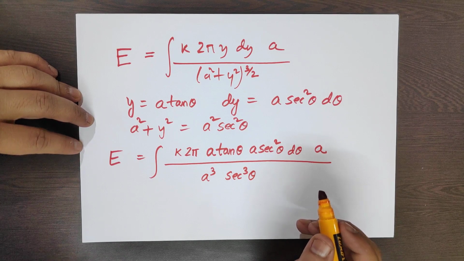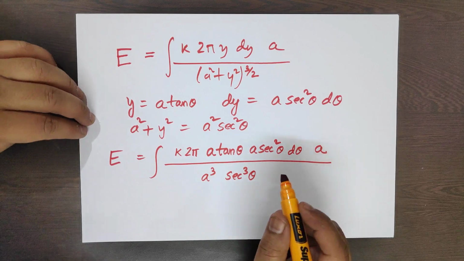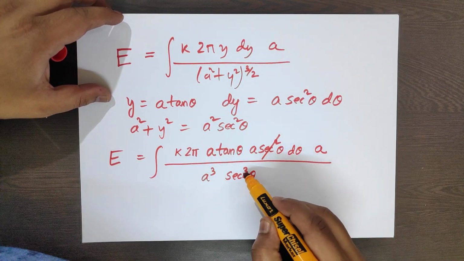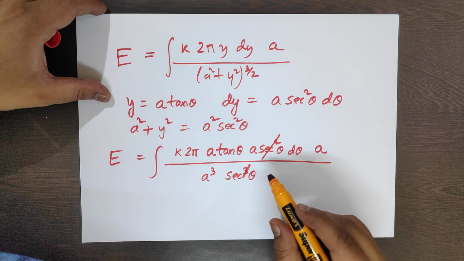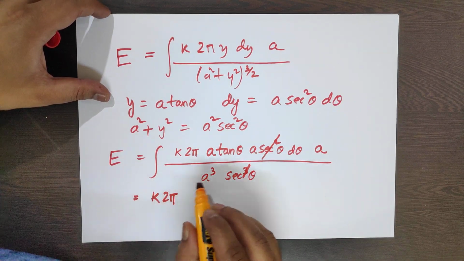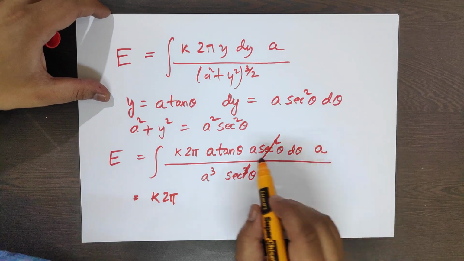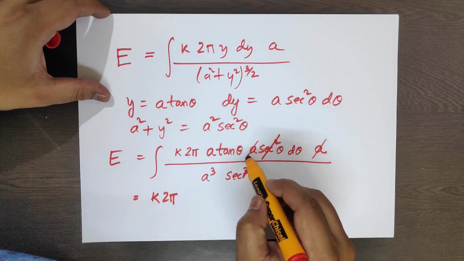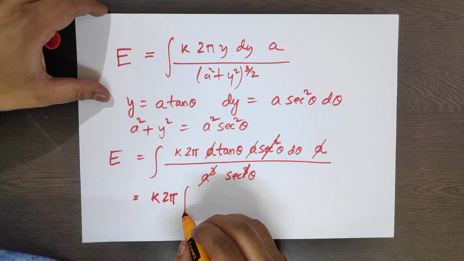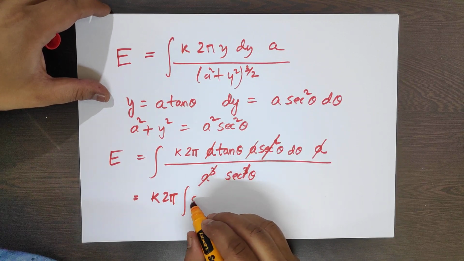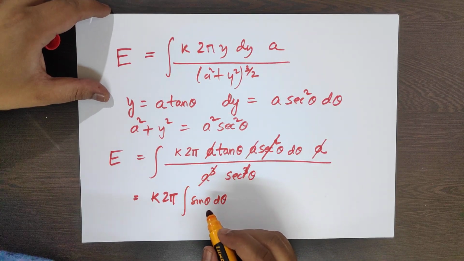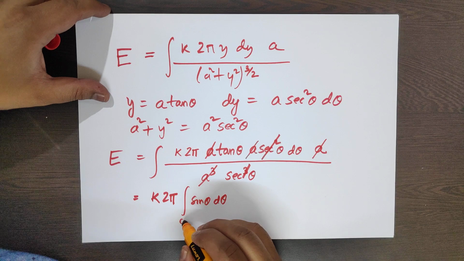Now the sec square theta cancels, so tan theta stays, 2 pi goes outside, a and a cube also cancel. So the integration of tan theta into cos theta means sin theta times d theta, and the value of theta will be from 0 to phi.